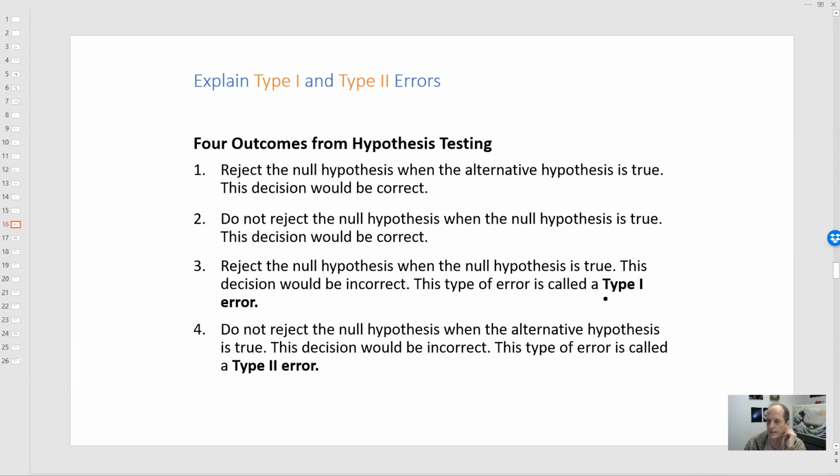There are two kinds of errors that we can run into, called type 1 error and type 2 error. A type 1 error occurs when you reject H naught, but in the population, H naught is actually still true.